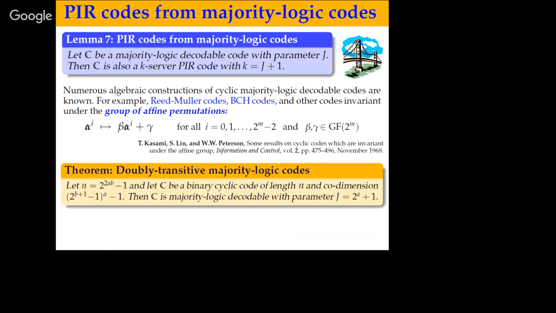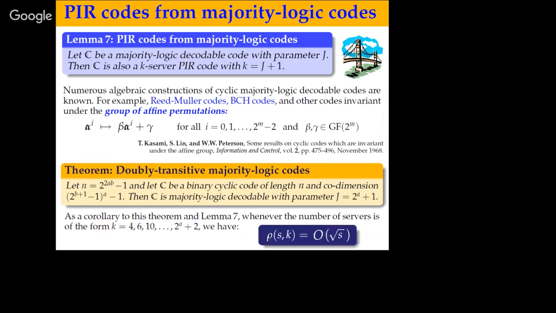There's a book by Lin and Costello on coding theory. Shu Lin is the author of that paper. There's a whole chapter which summarizes majority logic decodable codes. And combining that theorem with the lemma up there, what we get is this result.